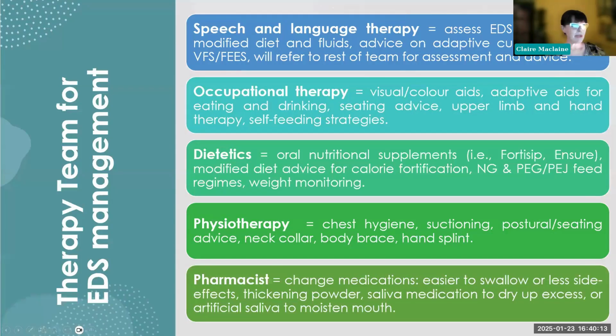So we're the main person that comes in and assesses EDS. If somebody's on a modified diet, we'd recommend cutlery and crockery that they can use, and if they need an X-ray swallow or a scope swallow. And then we'd want the OT to come in and see what kind of adaptive aids they can support with.